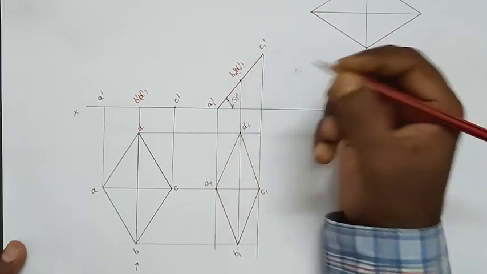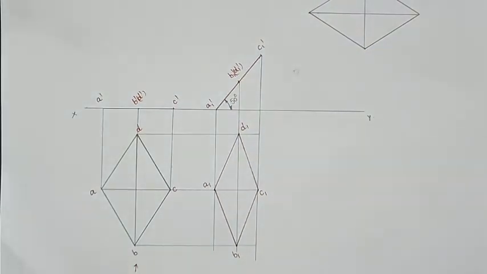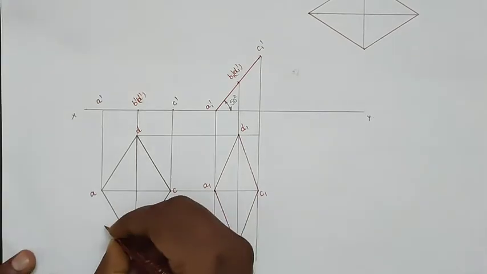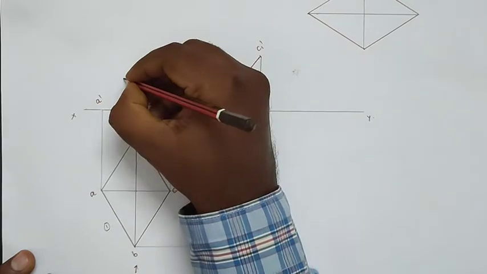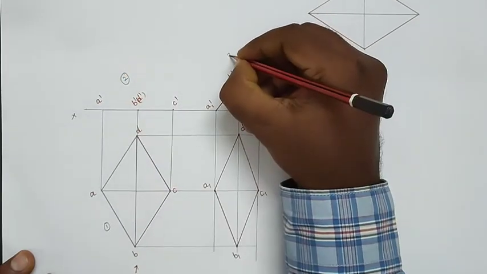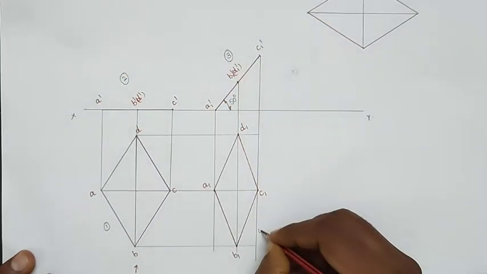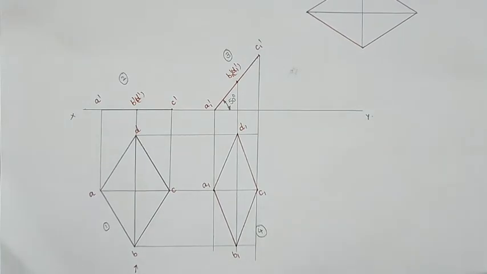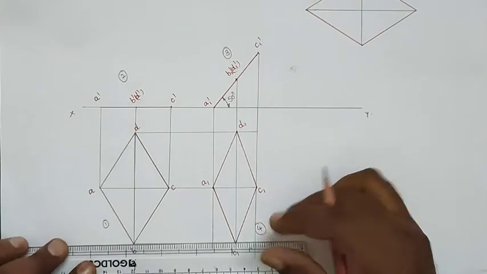From the second front view, draw the vertical projection lines. Similarly, from the first top view, draw the horizontal projection lines and we will obtain the final top view. After constructing this, we will give the dimensioning here.